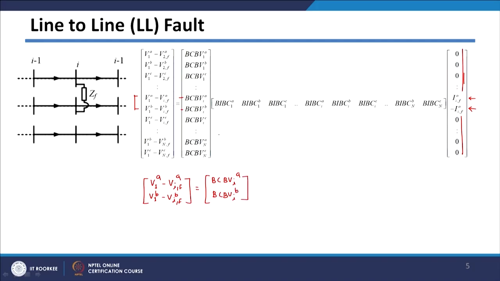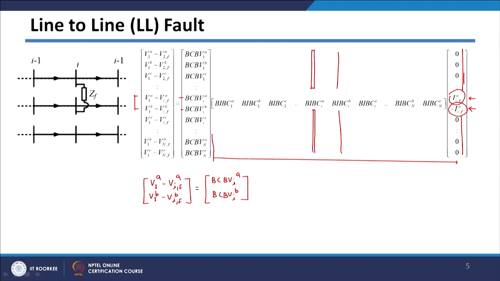And if you see this part from here to here, only these two columns, this one and this one, are getting multiplied with non-zero quantities; all other columns are getting multiplied by 0. So the only non-zero part is this column multiplied by this current and this column multiplied by this current.